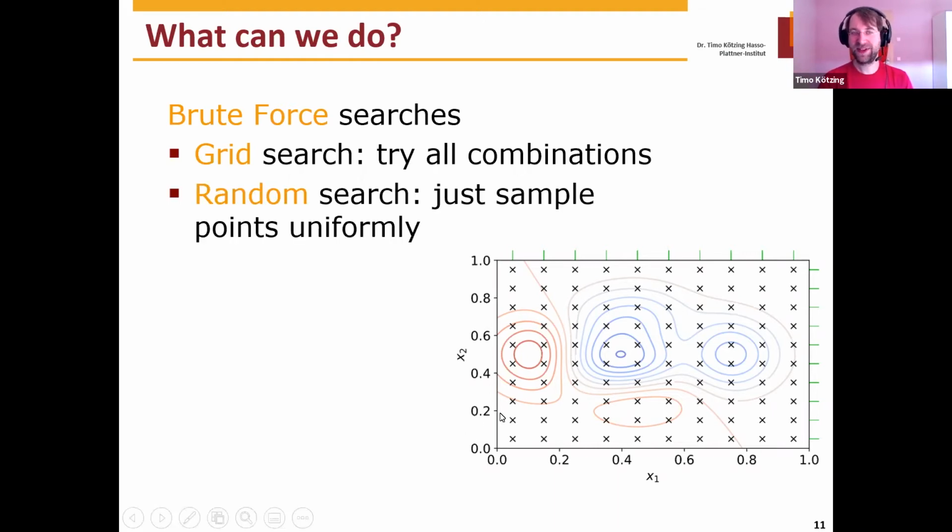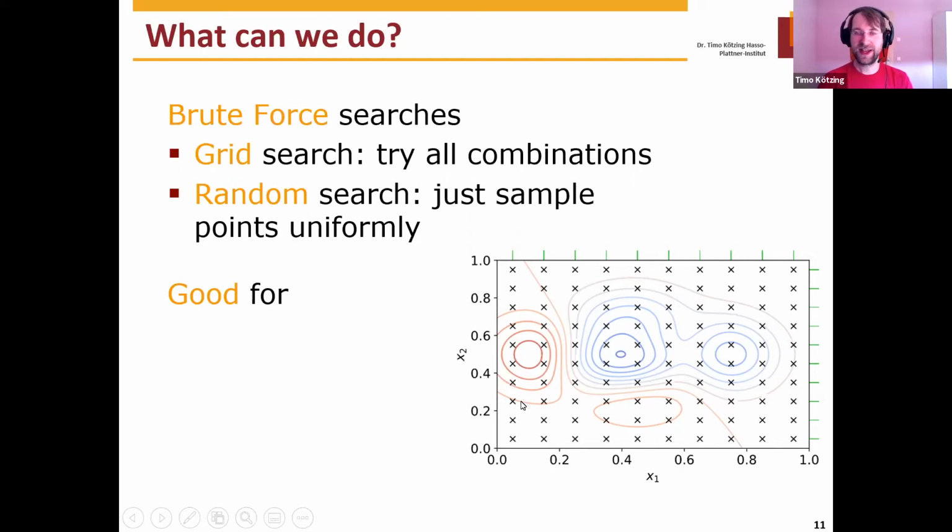Similar but different is random search. I can just pick points uniformly at random from this space, which should also give me a certain coverage. And of course, I can also combine these things a little bit and say, okay, I make some kind of methodical search, but I'm going to focus on good areas once I found them, for example.